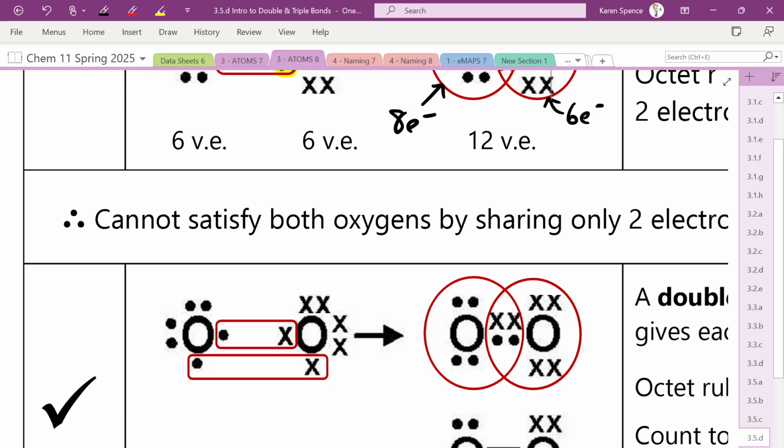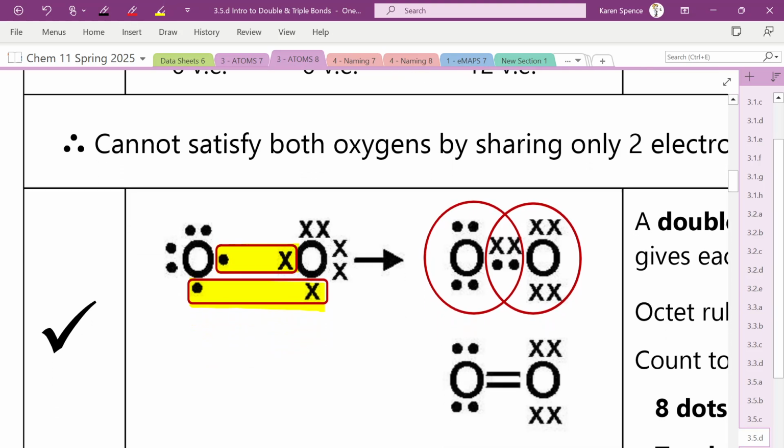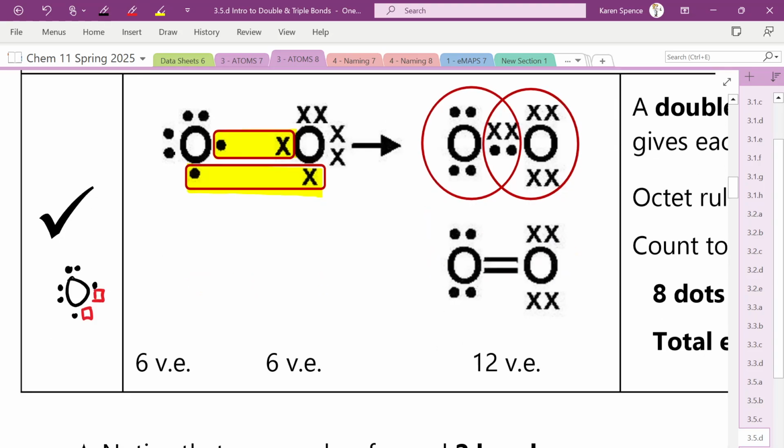So let's try sharing a multiple of 2. Let's try sharing 4 electrons. So we're going to share that unpaired set and that unpaired set. And do you remember how many bonds oxygen tends to form? Oxygen has 2 gaps, so it tends to form 2 bonds.